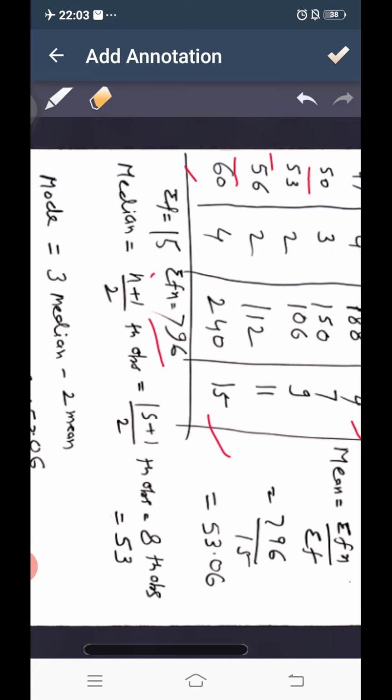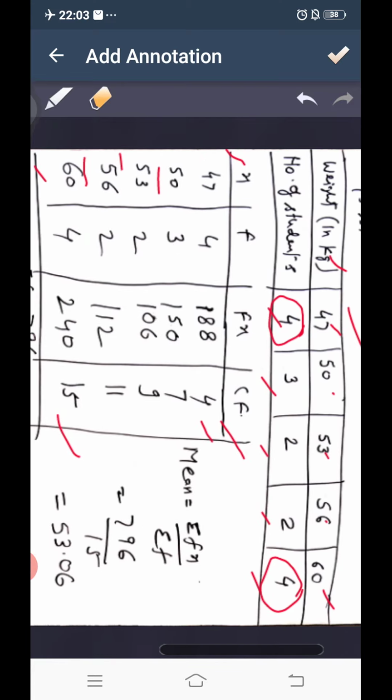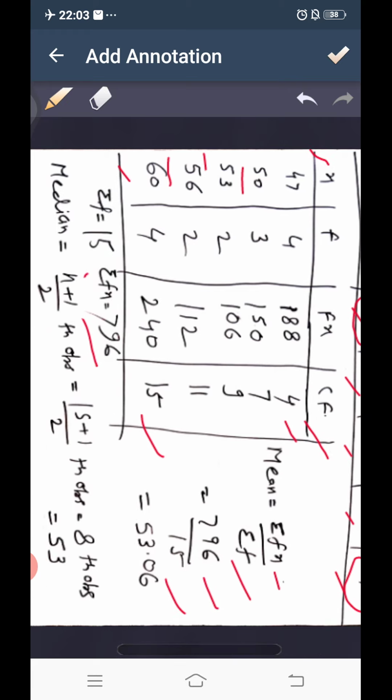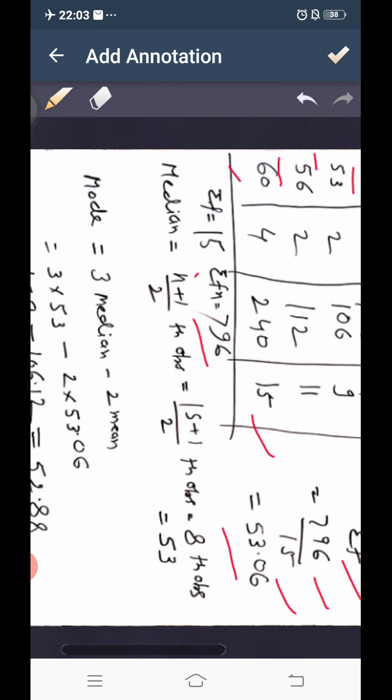Now mean equals sigma fx upon sigma f. We will use the direct method to find the mean. So 796 upon 15, we get 53.06. That will be our mean. Then n equals 15, total number of students 15, that is odd.